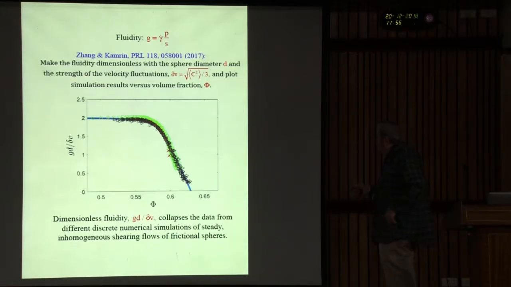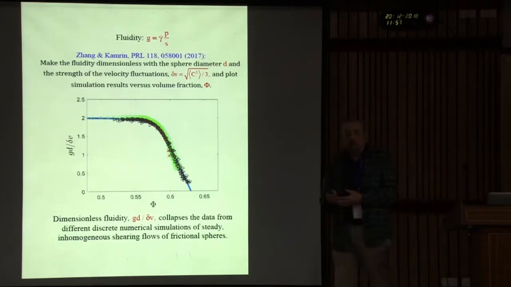So I misspoke. That is, they simulated a wide range of collisional flows with frictional spheres and frictionless spheres, and they plotted the results against this dimensionless measure of the fluidity. That is, the fluidity divided by strength of the velocity fluctuations.